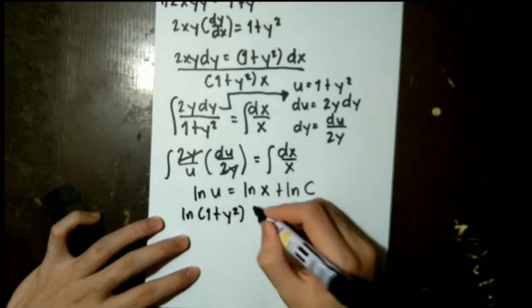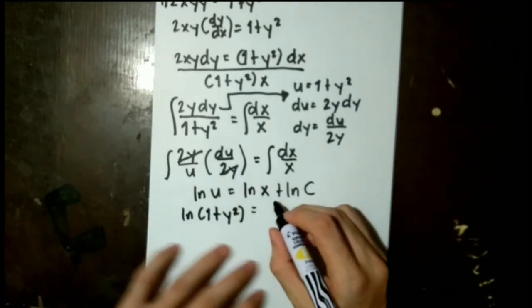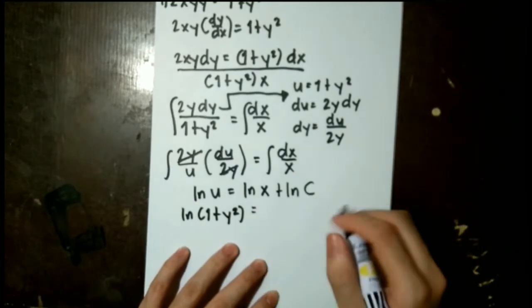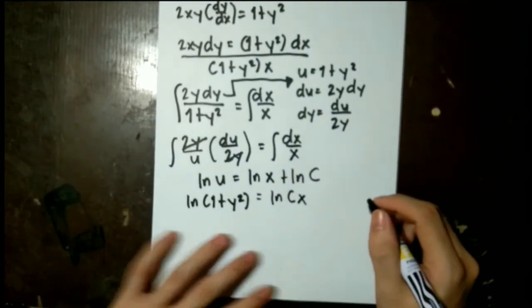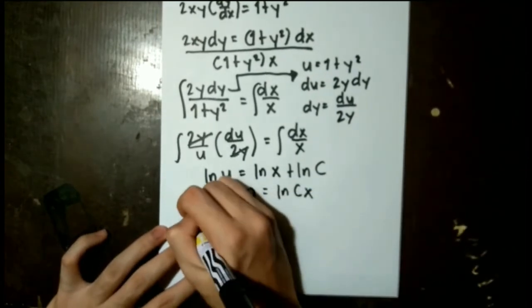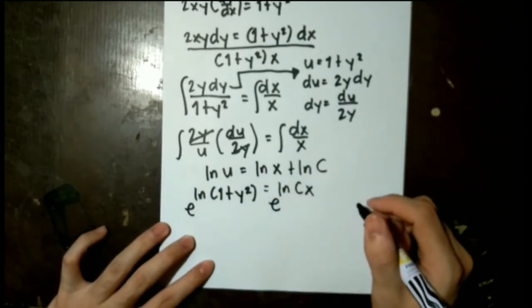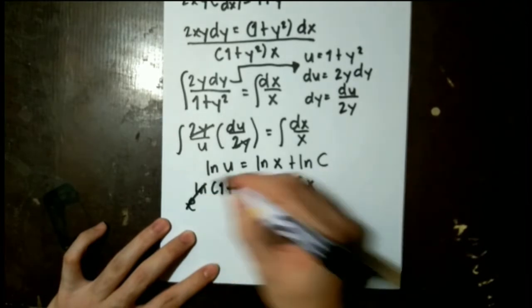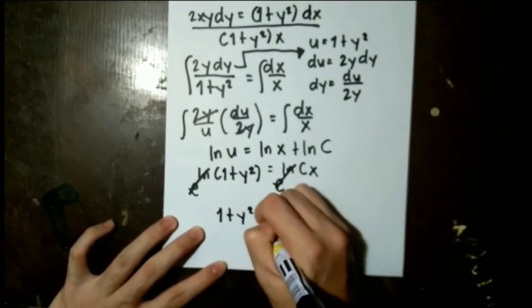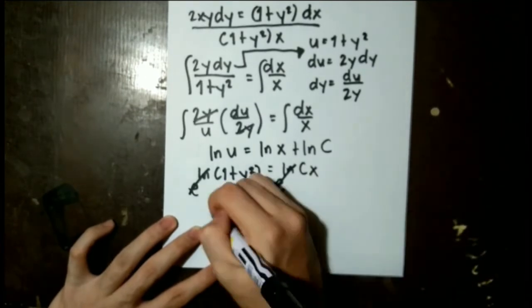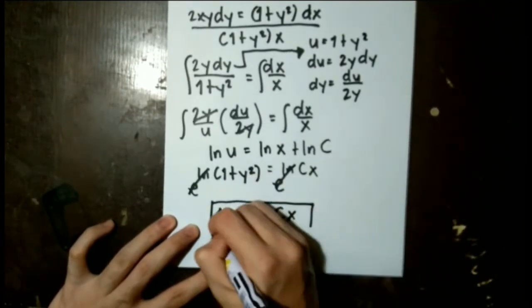So, dito naman, sa rule ng logarithm, ln x plus ln c, pwede siya maging ln cx. So, ilagay lang natin ng exponential yung both equation, then ang matatanggal na sila. So, ang magiging final answer natin is 1 plus y squared is equal to cx. So, ito na yung sagot natin sa number 1.